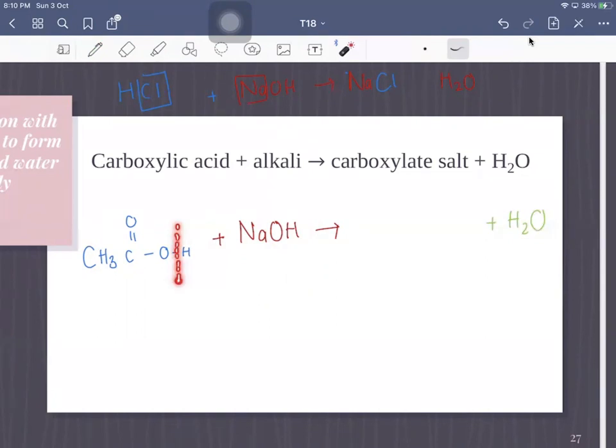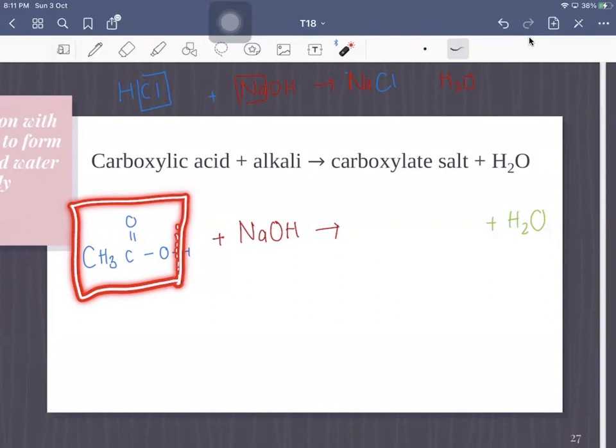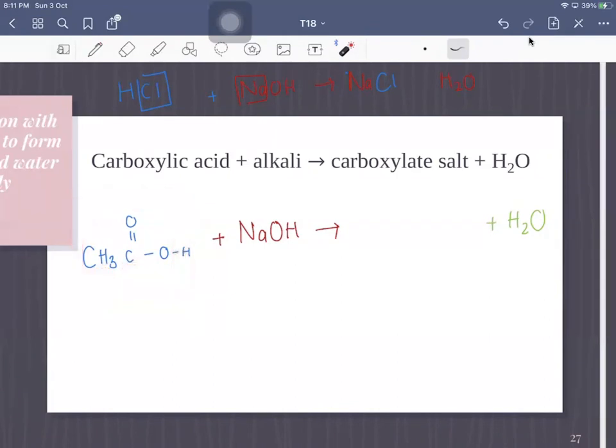During the acid-base reaction, the OH bond is broken, so I'm left with the carboxylate species CH3COO minus, and this is called the ethanoate ion. Ethanoate because there are 2 carbons and it is a member of the carboxylate species.